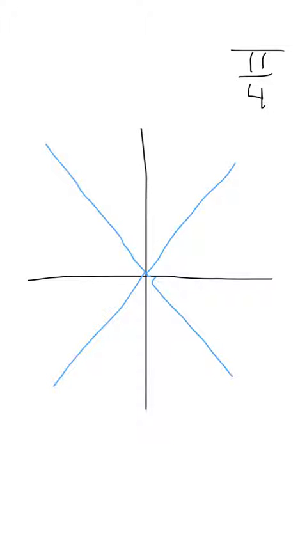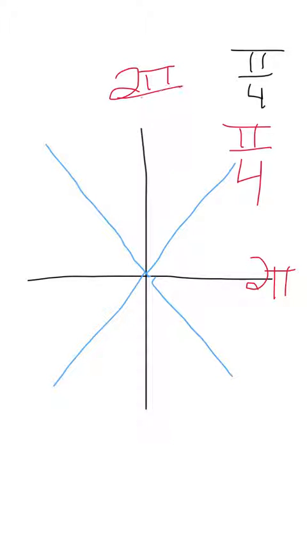and how I think about it is you have 2 pi here, right? And this is pi over 4. So that's pi over 4. This is 2 pi over 4, which simplifies to be pi over 2.